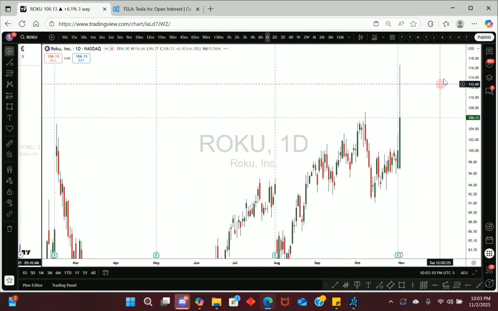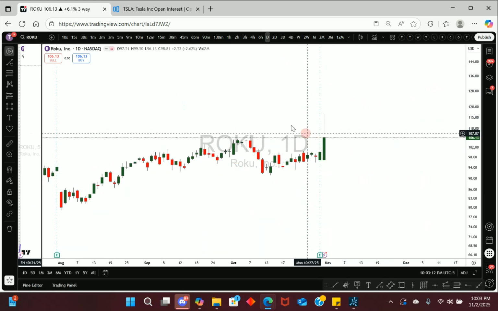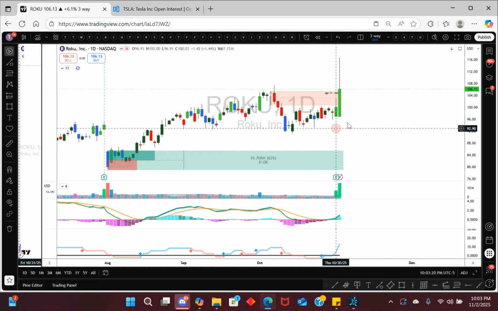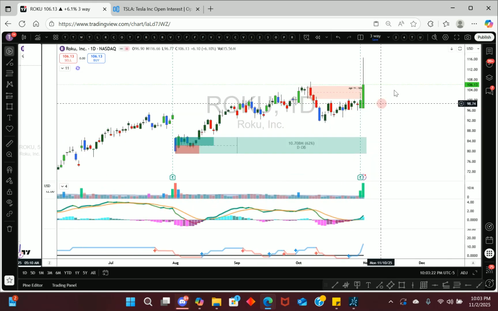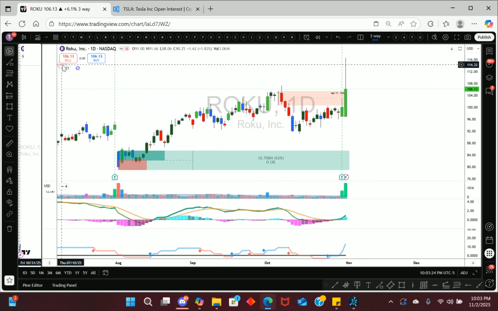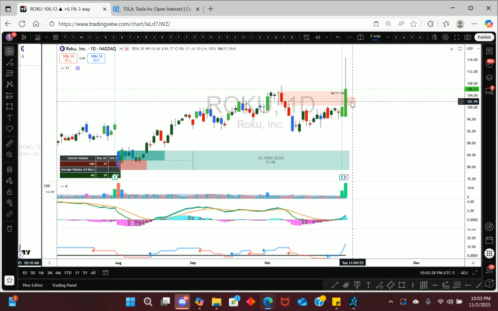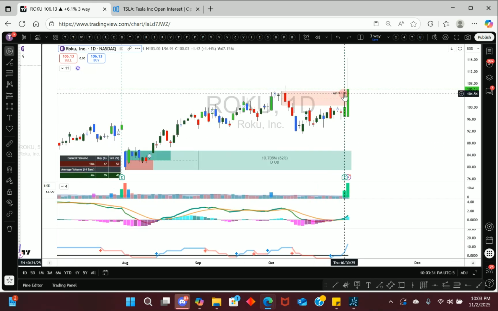And this is what it looks like with his scanner. It is literally lighting up. Let me show you here. Right here, this bright green means volume is literally pouring into that. Okay. It is pouring in.